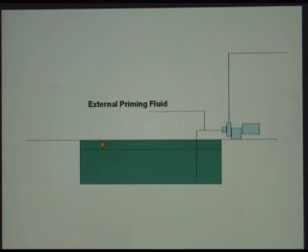An alternative is to have an external priming fluid which floods the inlet line so that it becomes so full of fluid traveling in both directions that it becomes primed, and you go ahead and start the pump. You start pulling fluid out of your sump, and then you go ahead and shut your priming fluid off. This works reasonably well if you've got relatively small line sizes, 2-inch, 4-inch.